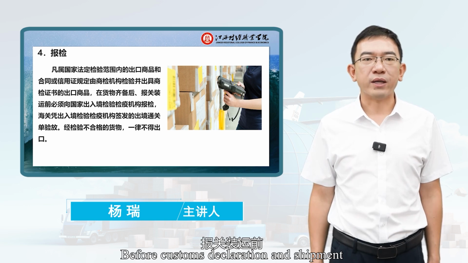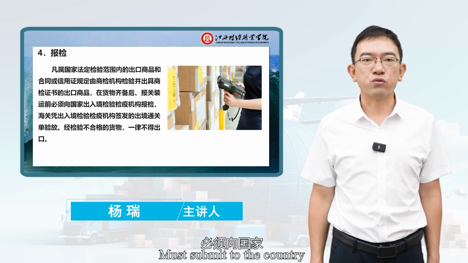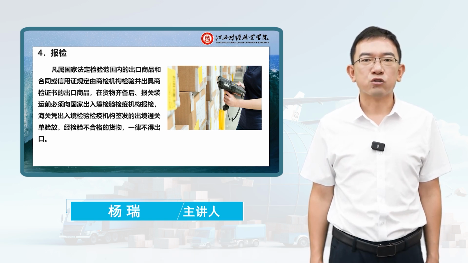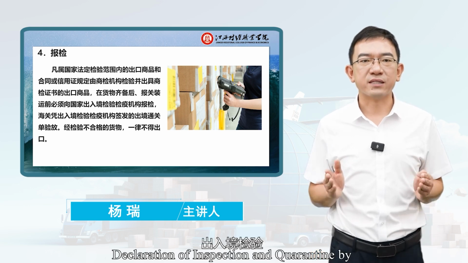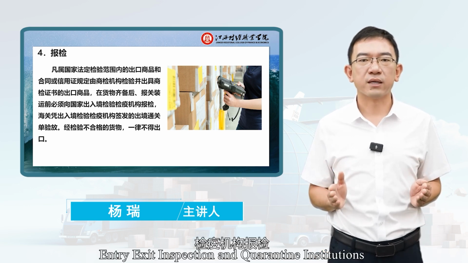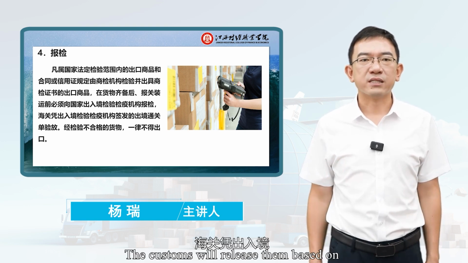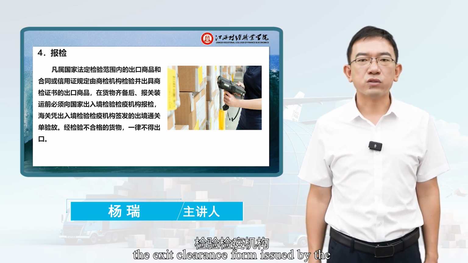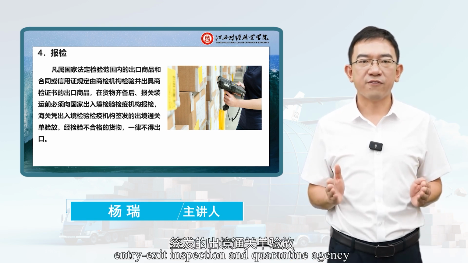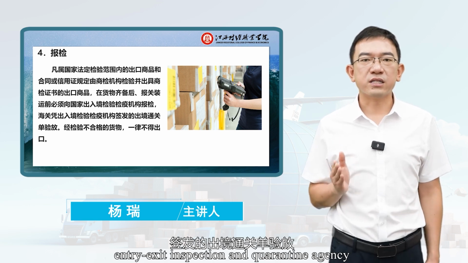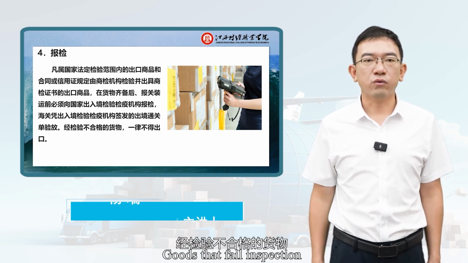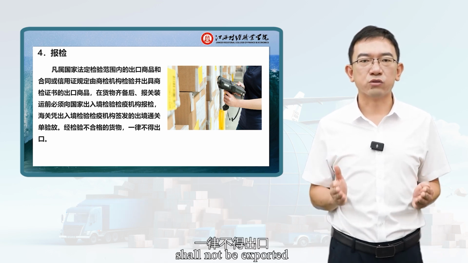Before customs declaration and shipment, they must be submitted to the entry-exit inspection and quarantine institutions for declaration of inspection and quarantine. The customs will release them based on the exit clearance form issued by the entry-exit inspection and quarantine agency. Goods that fail inspection shall not be exported.